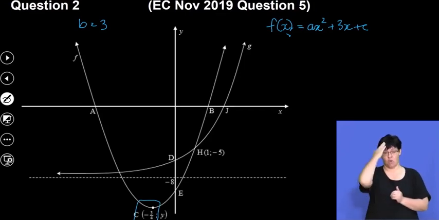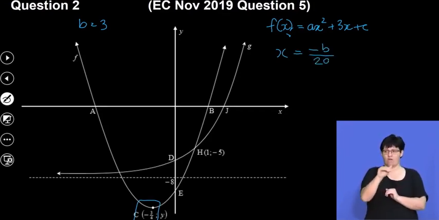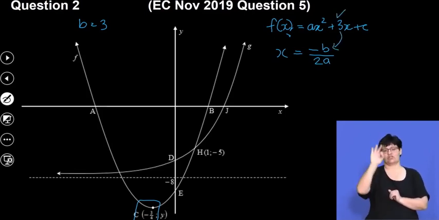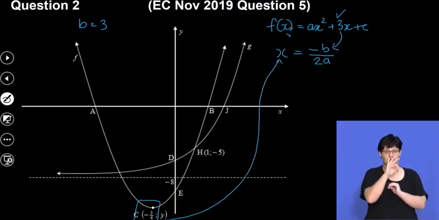All right, I can now use the next thing that I know, which is the x-coordinate of the turning point, and that is always equal to minus b over 2a, and I know that b is equal to 3 now, so I can sub that into there, and of course I can sub the -3/4 into there, and I can use that to solve for a.